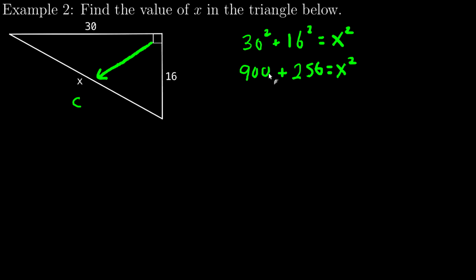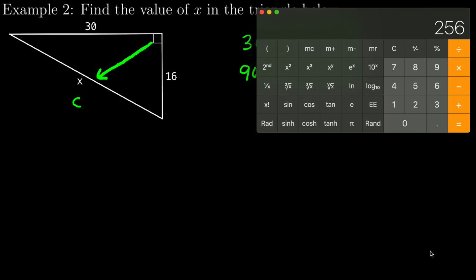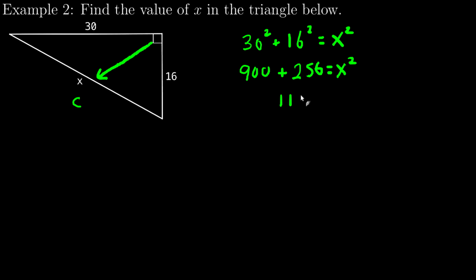Now I'm going to add these together, and again, many of you can probably get 1156 right away, but if not, go to the calculator, do 900 plus 256, 1156.